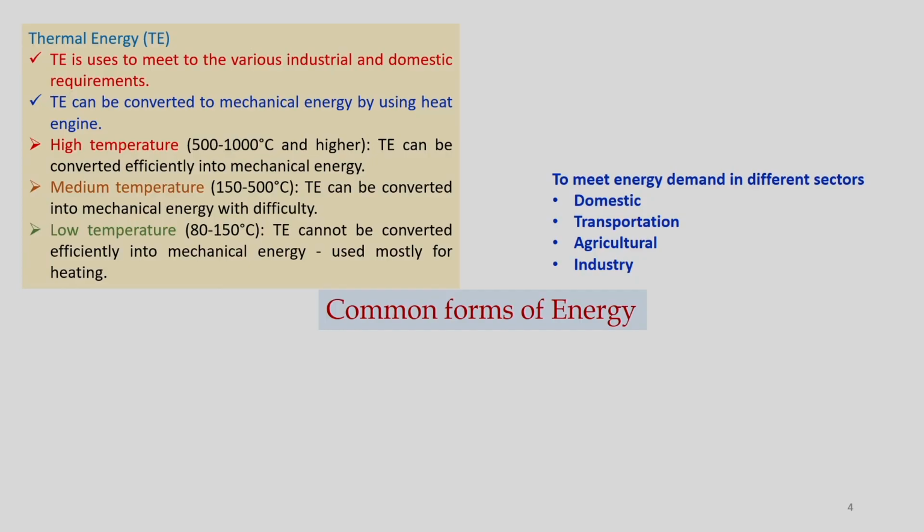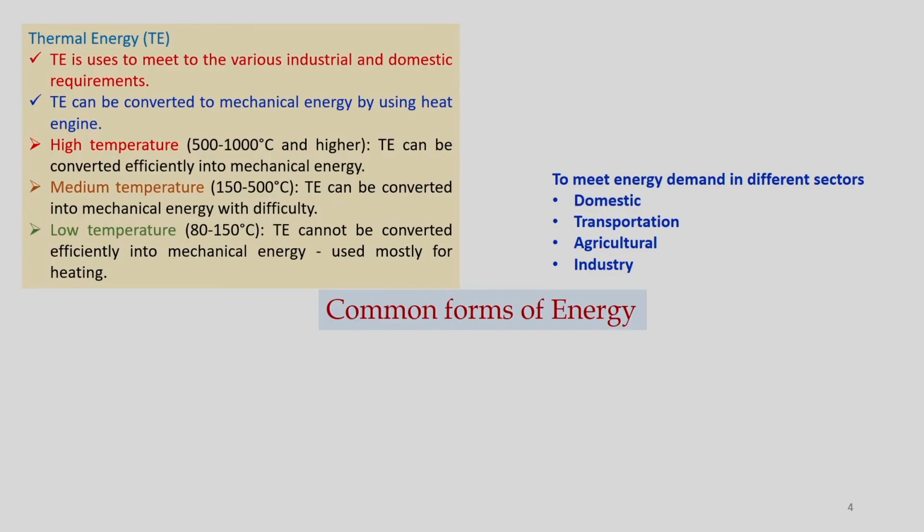The first category is high temperature, if the operating temperature varies from 500 to 1000 degrees C or above. The second category is medium temperature operation, if the temperature varies from 150 to 500 degrees Celsius. The third category is low temperature, if the temperature varies from 80 to about 150 degrees Celsius.